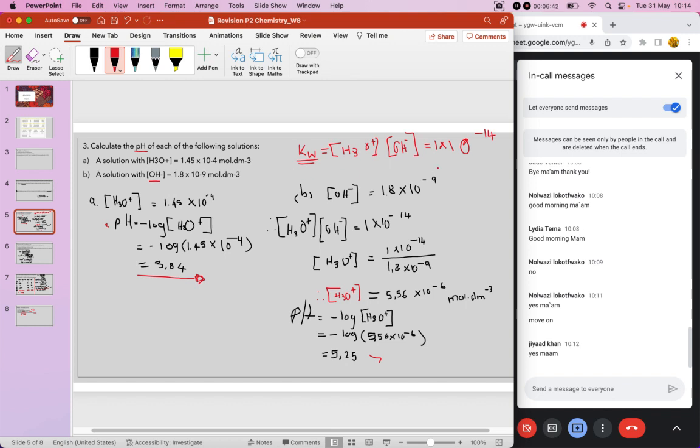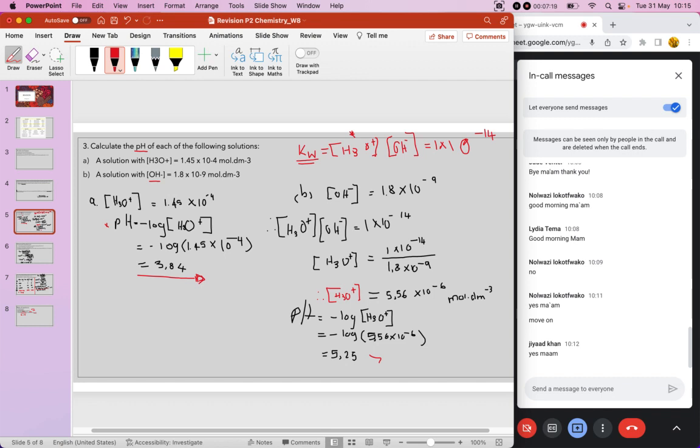But if you remember, we discussed the ionization of water, which is Kw equal to the concentration of H3O plus multiplied by the concentration of the OH minus, equal to 1 times 10 to the power negative 14. This is the value of the ionization constant of water, the Kw. From this equation, you can calculate the concentration of H3O plus.